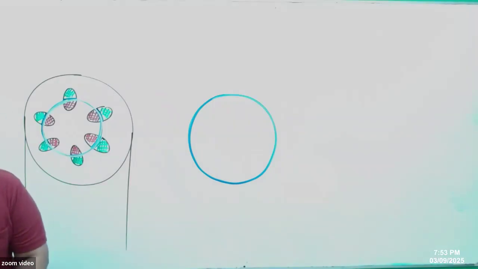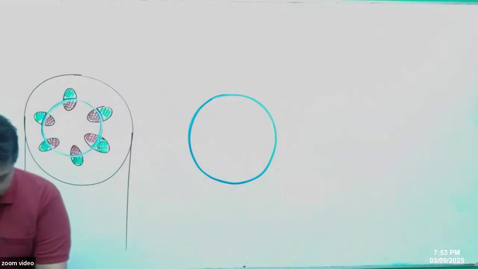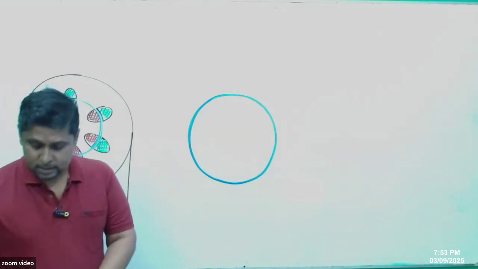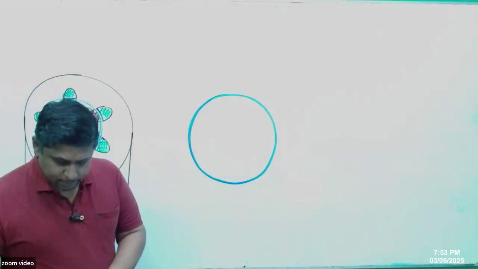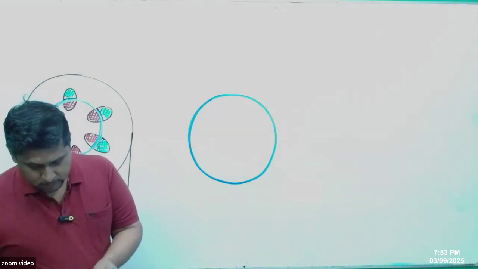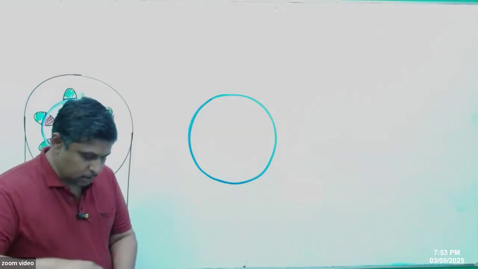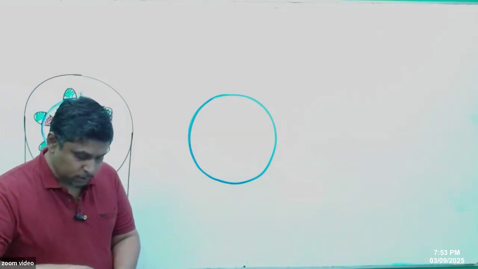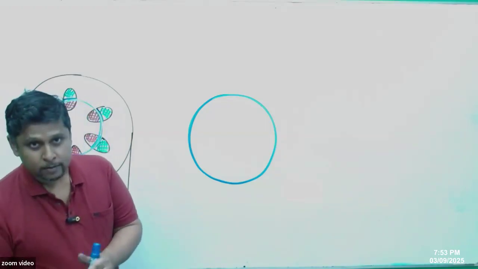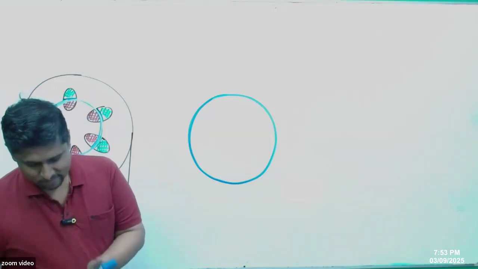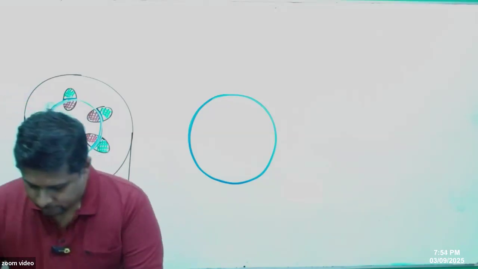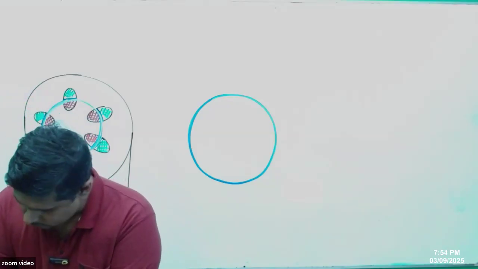New cells are forming towards inside, that is the secondary xylem. Secondary xylem forms inside, and secondary phloem is going to form towards outside.